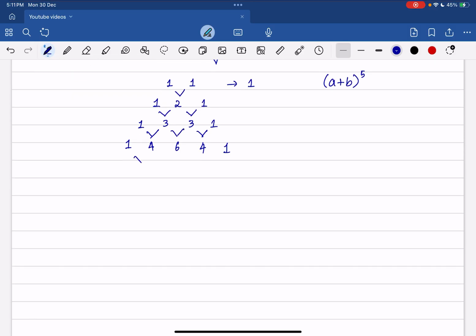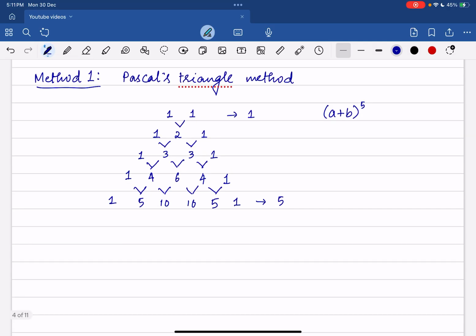If you add them further, you get 5, 10, 10, 5, and towards the end you write the ones. This is for power 5, which means the basic coefficients of (a plus b) the whole raised to 5 are going to be 1, 5, 10, 10, 5, 1.